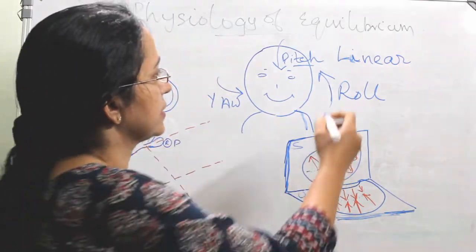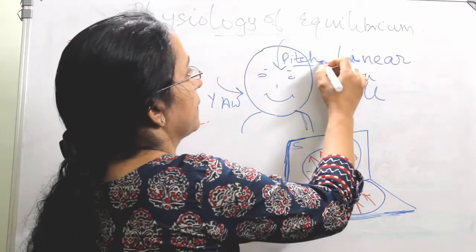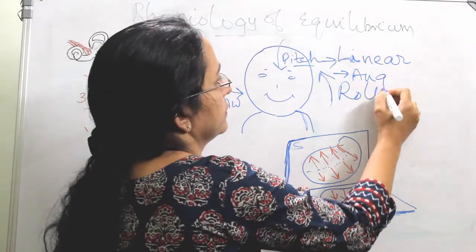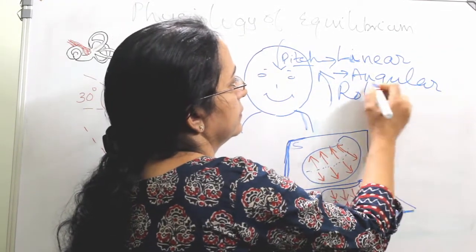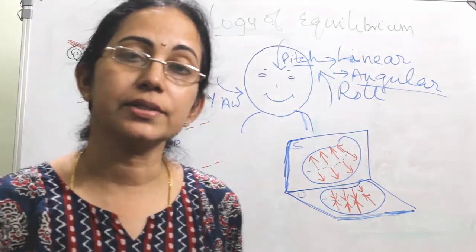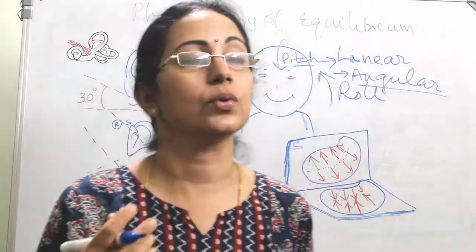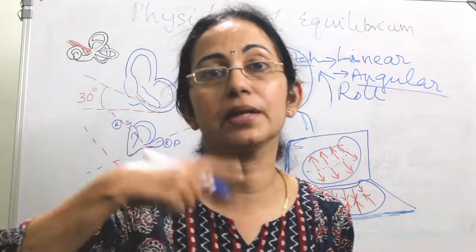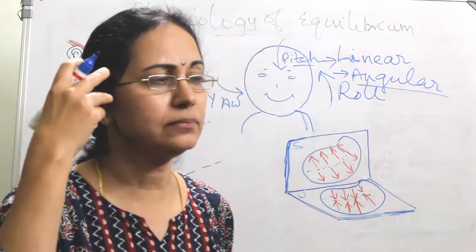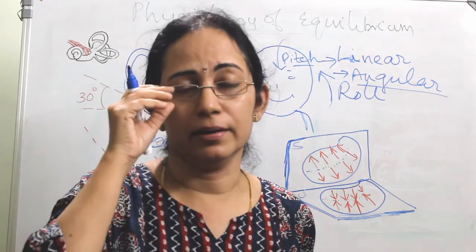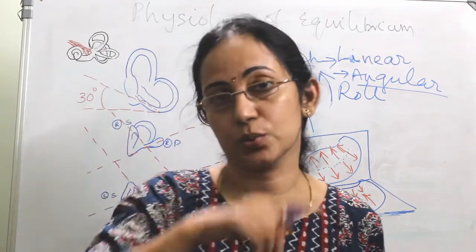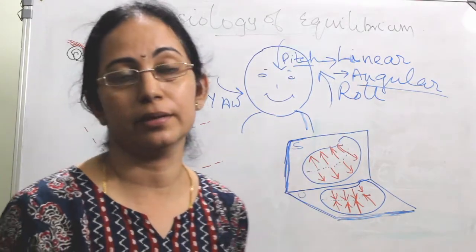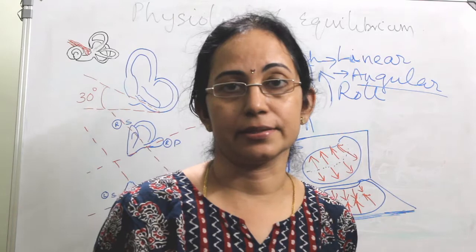And the second one is angular acceleration. So one is linear, another one is angular. And what is that? Like spinning. You have noticed ice skaters or ballet dancers spinning, or we are moving in a giant wheel, isn't it? So there is a rotation, a spinning motion, and that is the angular acceleration, right?